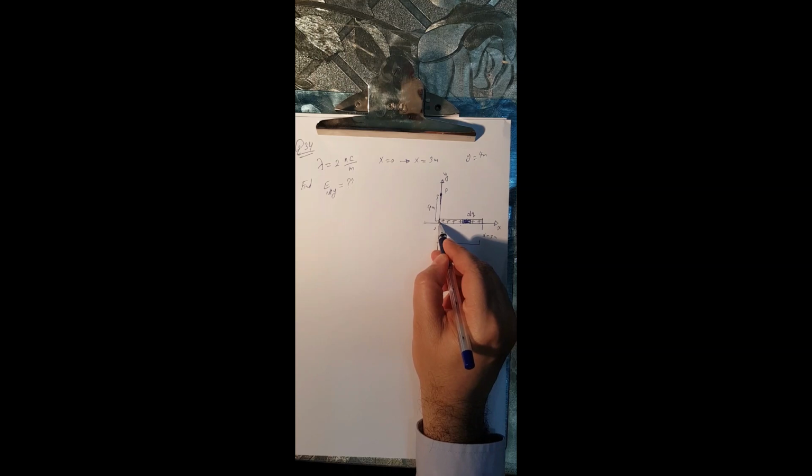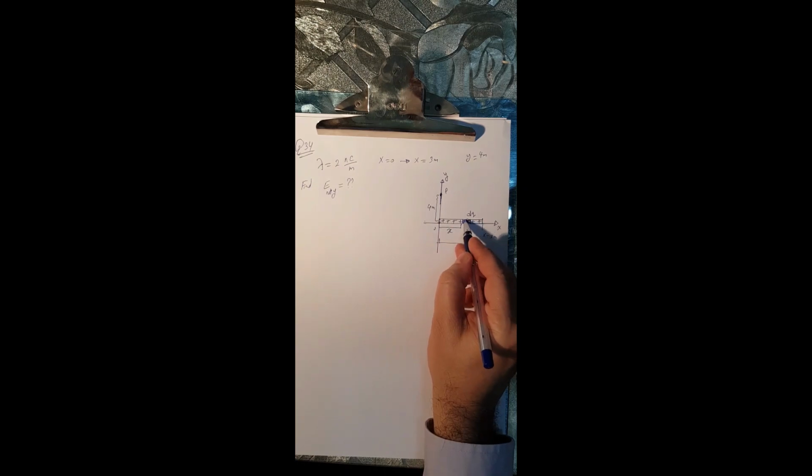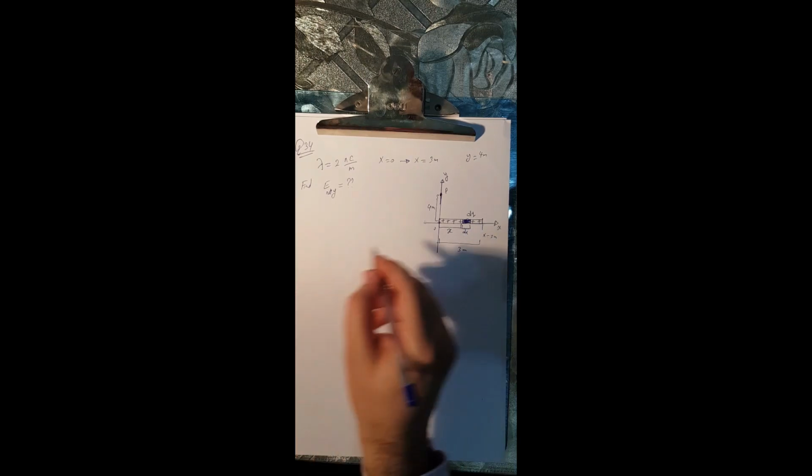Of course this is 0. From 0 to the sample, we always call it x. And this charged element has a length of dx, which we usually say dl, but it's along the length of dx. That's the length it takes.